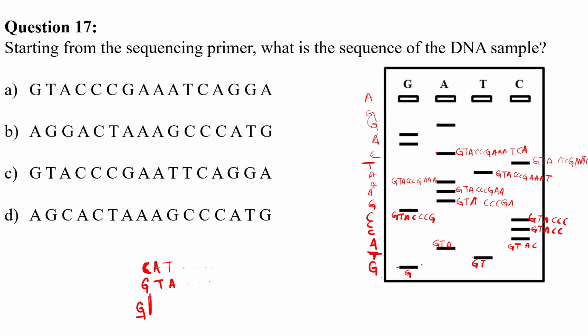You have to start reading from the bottom and see what is the smallest fragment, then what is second in number, third in number, and so on.